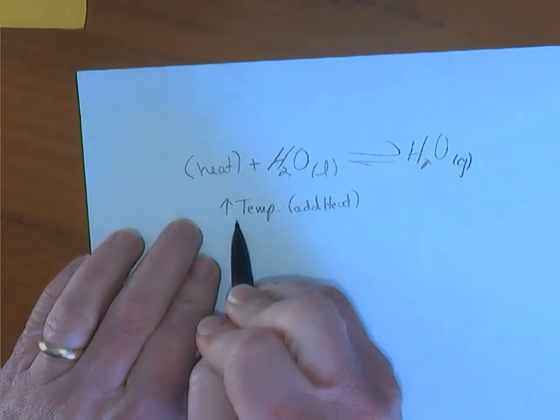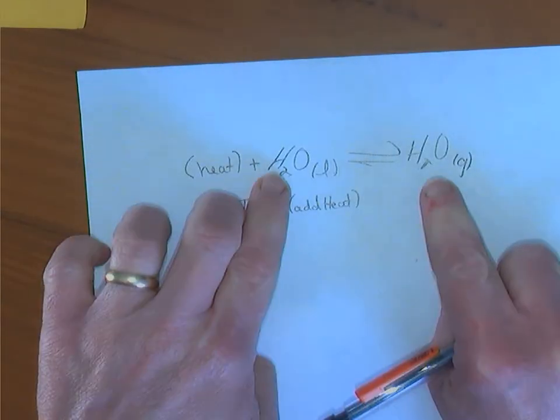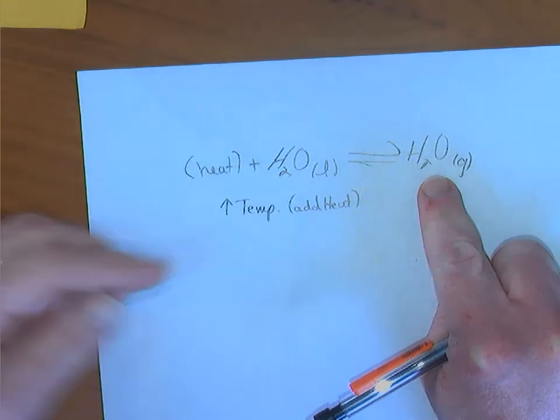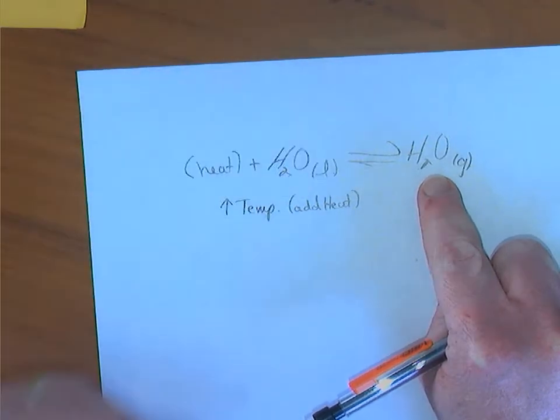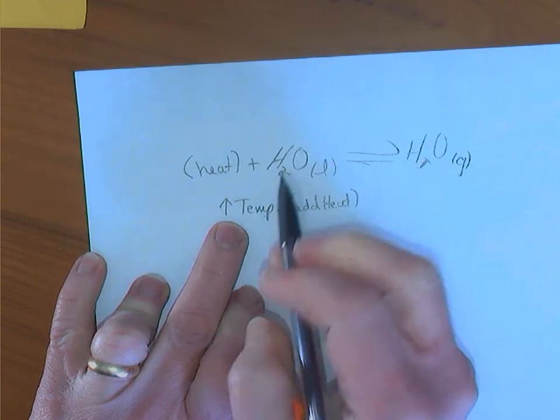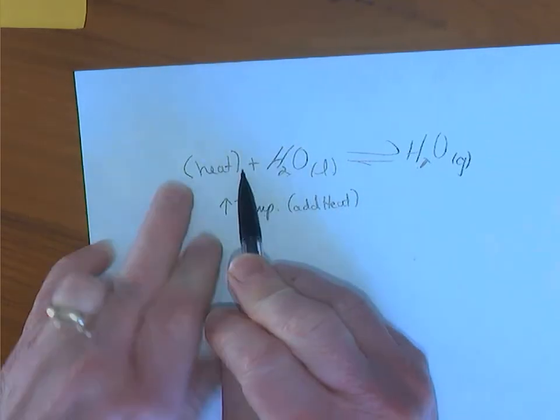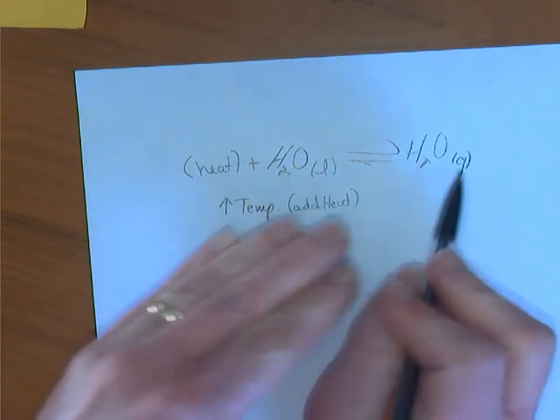So if we are increasing temperature for this reaction that is endothermic in this direction, then the stress is going to push the endothermic direction.